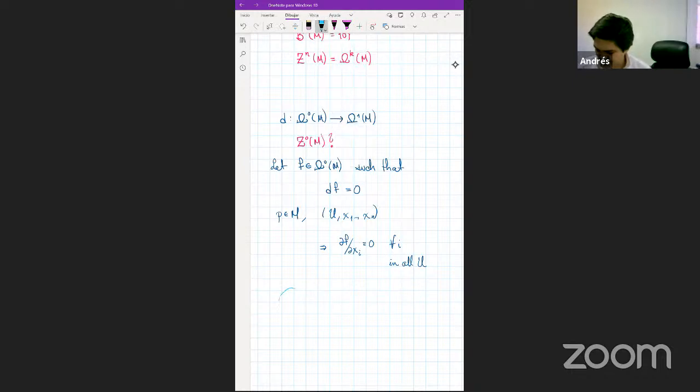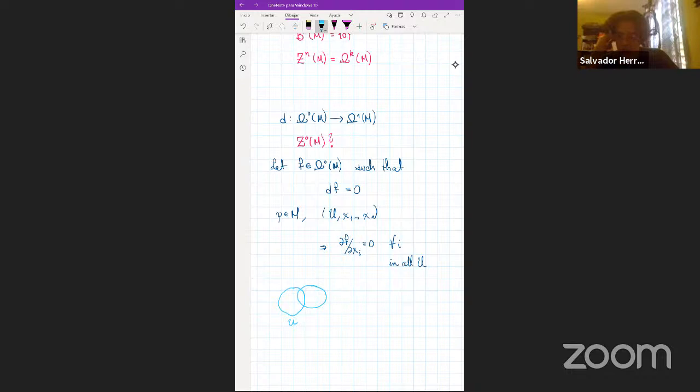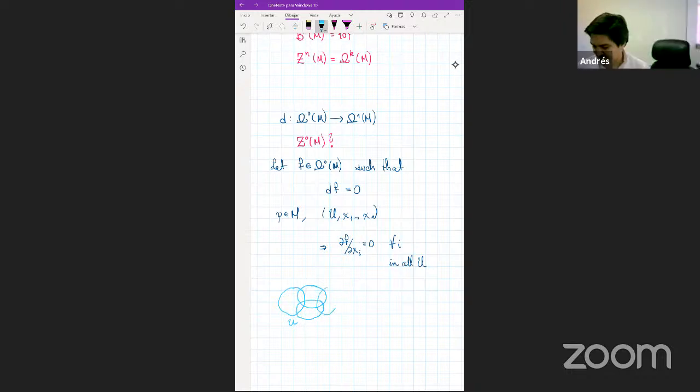So this is U. It's constant there. You can take another chart here. What can you say on that other open set? It's also constant, and it's the same constant, right? Same constant. And then, what can you say about F with respect to M?